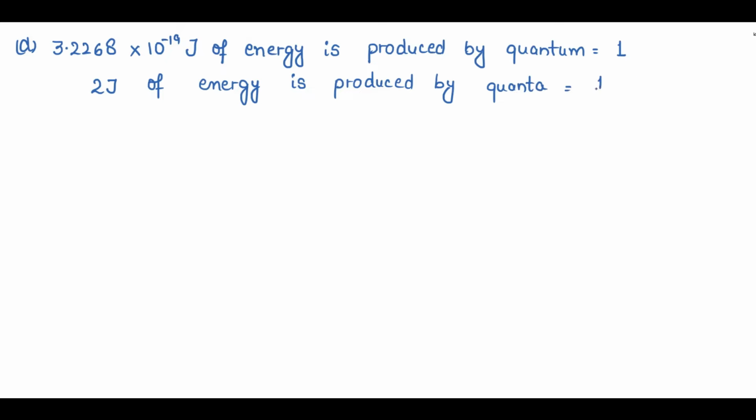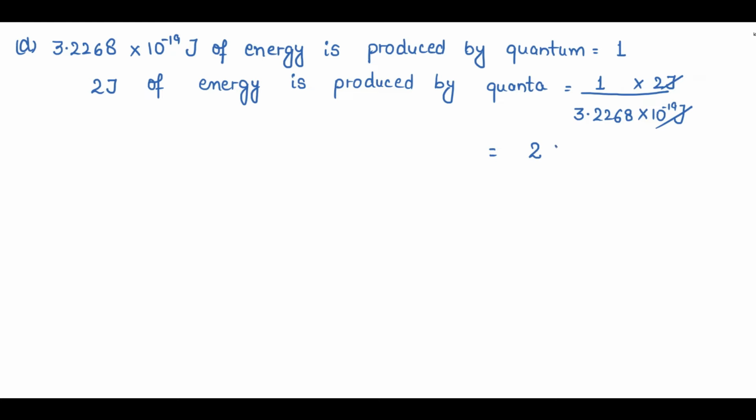So the value on right side we will mention in numerator. The first value on left side will mention in denominator, 3.2268 into 10 raised to power minus 19 joule, into second value on the left side. So I'll cancel joule with joule. So 1 into 2, it will be 2, 10 raised to power minus 19.